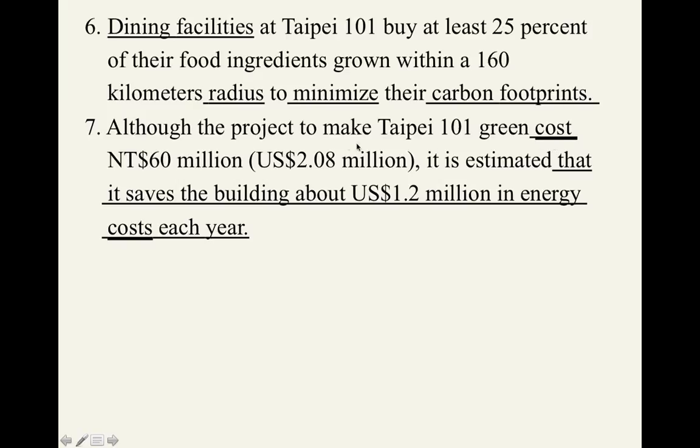So in the beginning, of course, we think it costs a lot, but in the long run, it saves money actually. And it is estimated is a kind of sentence structure, right? And is means the point after that. So that is blah blah blah. That it saves the building blah blah blah is a non-clause, right? It is not a relative clause.